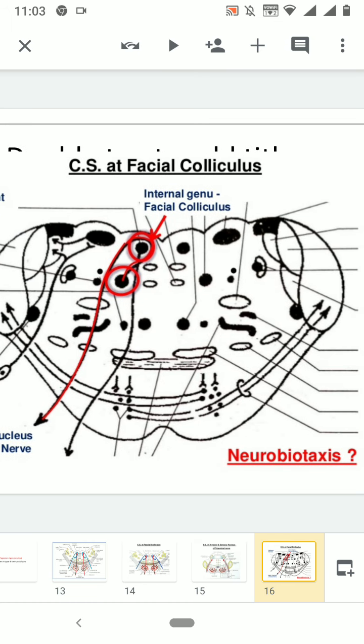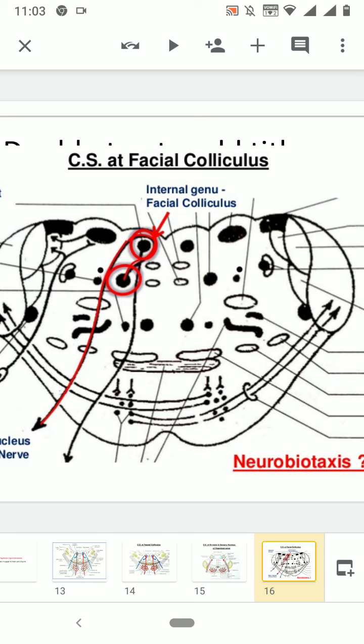So this is actually explaining the neurobiotaxis phenomenon. I have already talked about it. It is actually the migration of the facial nerve nucleus towards the spinal nucleus of the trigeminal nerve, which carries sensory sensations from the face, that is pain, temperature, touch, crude touch. All these are carried by the spinal nucleus of the trigeminal nerve from the face, and thus the motor nucleus of the facial nerve is migrating towards the sensory nucleus.